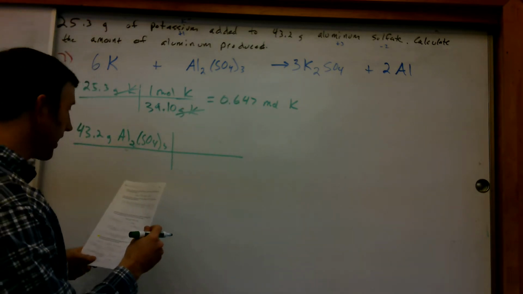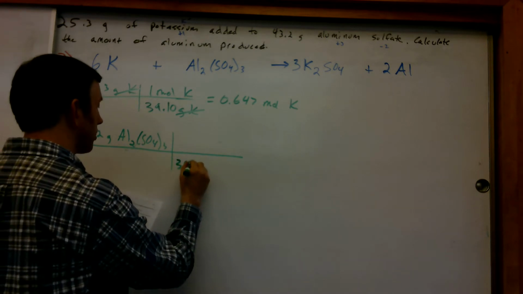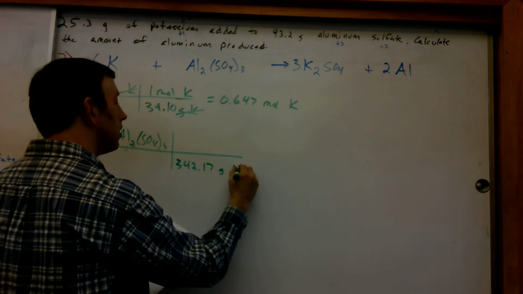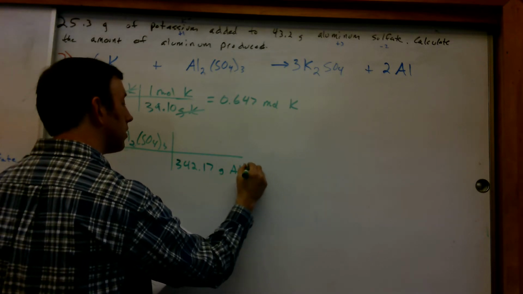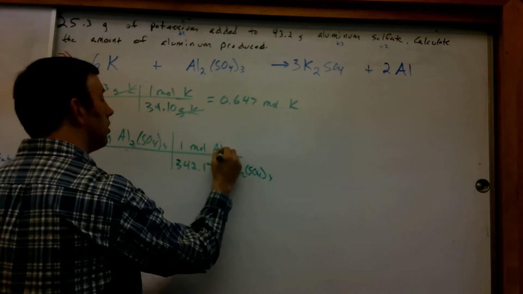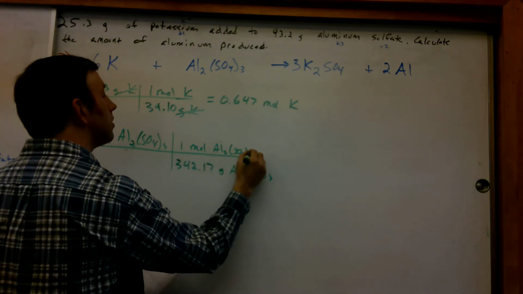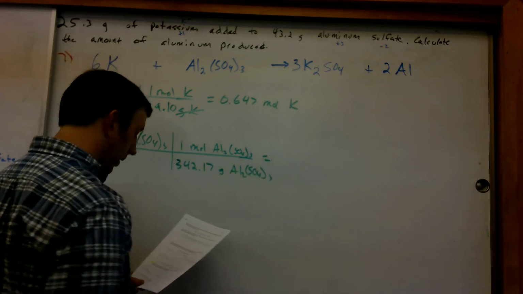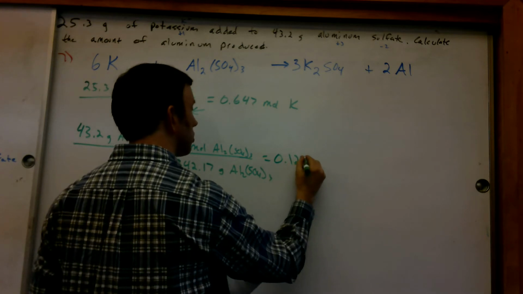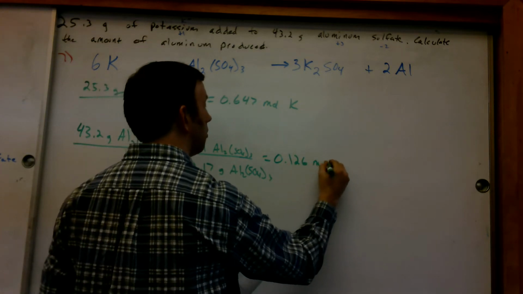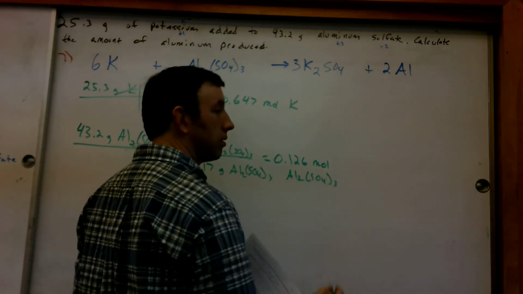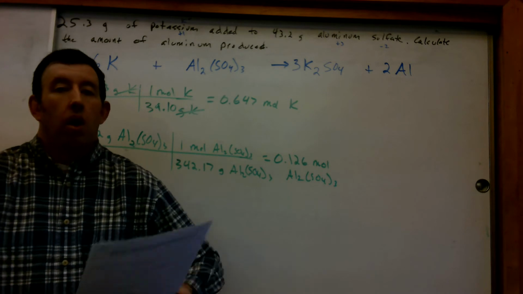And when I add that tally, it's a big number, it's 342.17 grams of aluminum sulfate per 1 mole aluminum sulfate. All right, and that is going to give me 0.126 moles of aluminum sulfate.